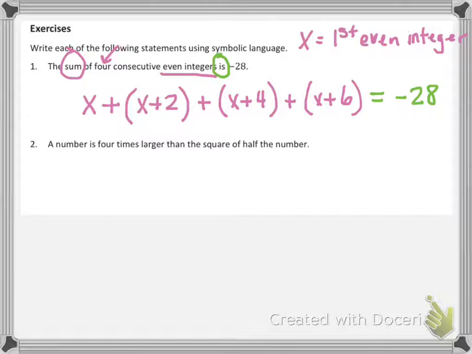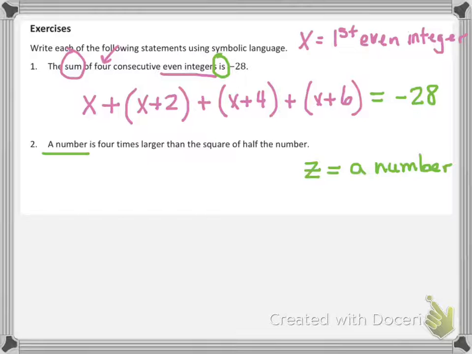Okay, number 2. A number is 4 times larger than the square of half the number. Okay, a little confusing, but let's start with what we don't know. We don't know the number. We have no idea what that is. So this time I'll call it z. z is a number. Whatever that might be, who knows, but it's a number.